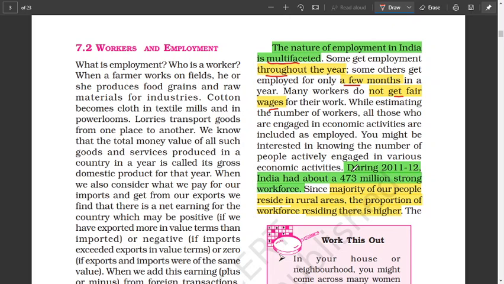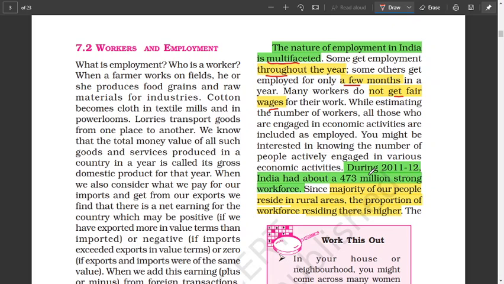Workers sometimes have to raise their voice, conduct a strike to get fair wages. If you compare men and women, there are organizations that pay differently for men and women. These are the kinds of situations you find in the employment process in India.